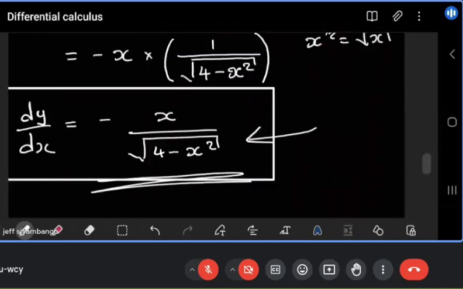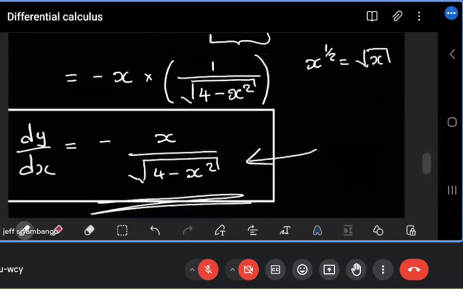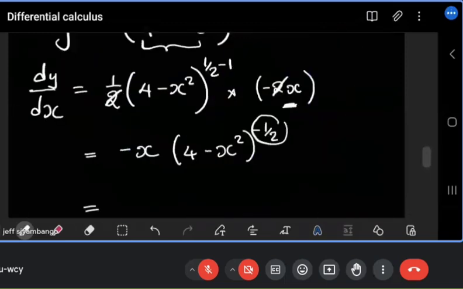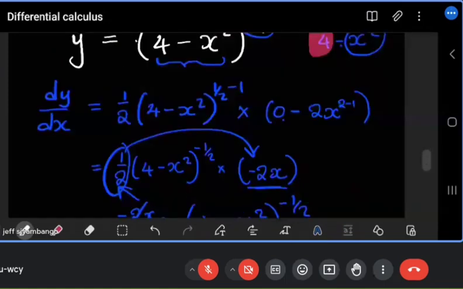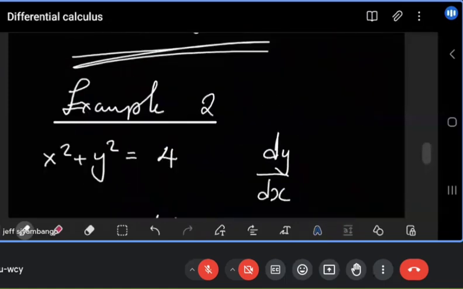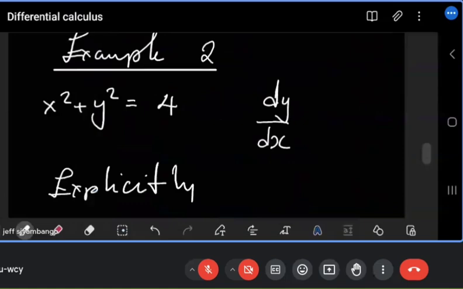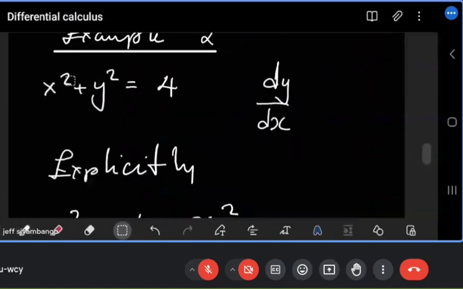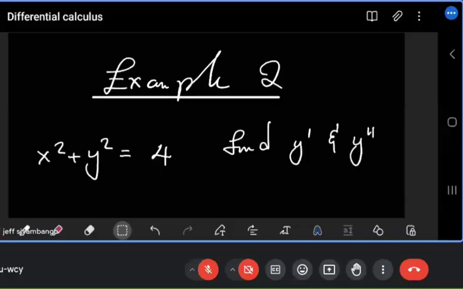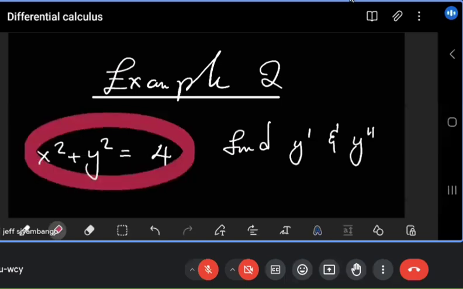A good one is this expression. Previously, we saw that for this one, we already obtained its derivative implicitly and also explicitly. So we now want to get the first derivative and the second derivative.